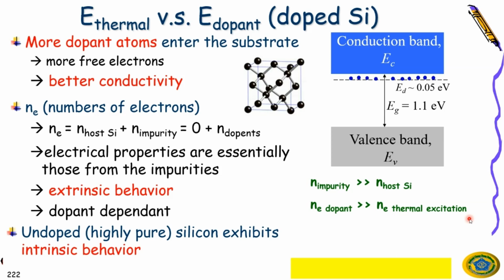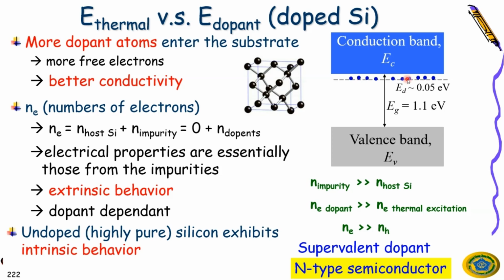So the probability is very low. So the number of dopant electrons is much, much higher, and we also know the number of electrons is much more than the number of holes. Because you have extra electrons, you don't have holes. So this is what we call a supervalent dopant.